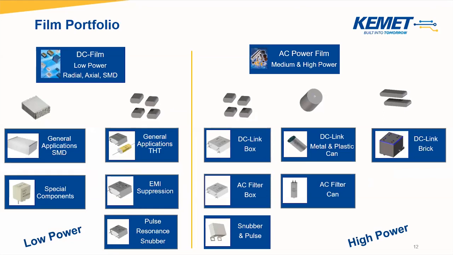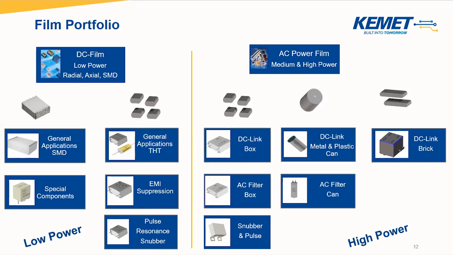Normally, we divide the portfolio into two parts. The so-called DC film are characterized by low power. In this big family, we find, for example, the SMD capacitor or other special components that can be used, for example, in DC applications for automotive, for suppressing noise in the DC motor.